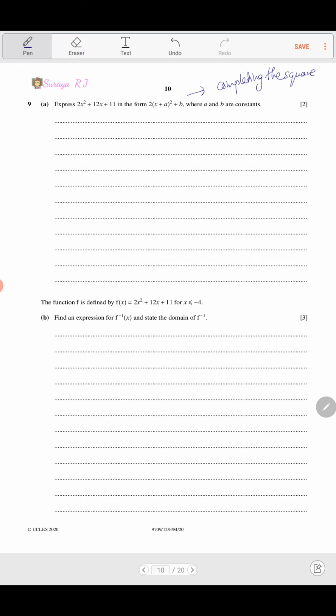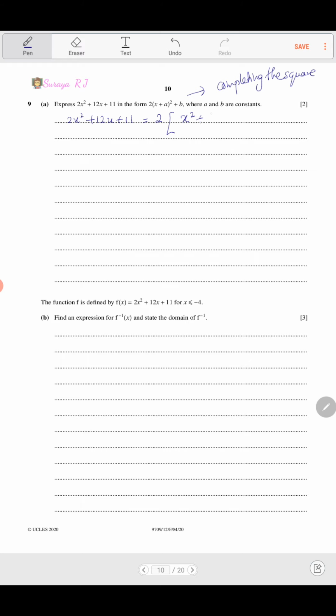So this is covered in the chapter quadratics. So first of all, we have 2x squared plus 12x plus 11. The coefficient of x squared must always be 1. So to do this, we take 2 as common and we factorize.